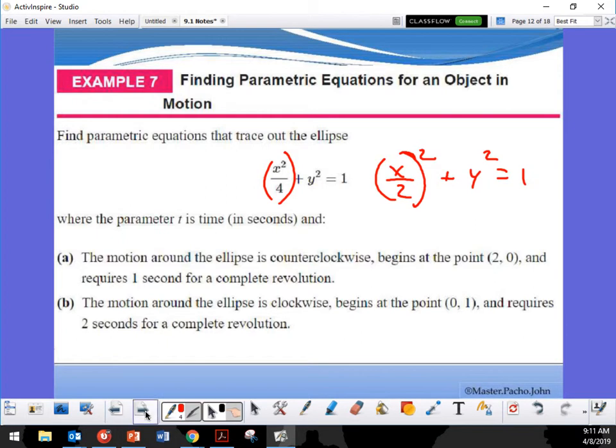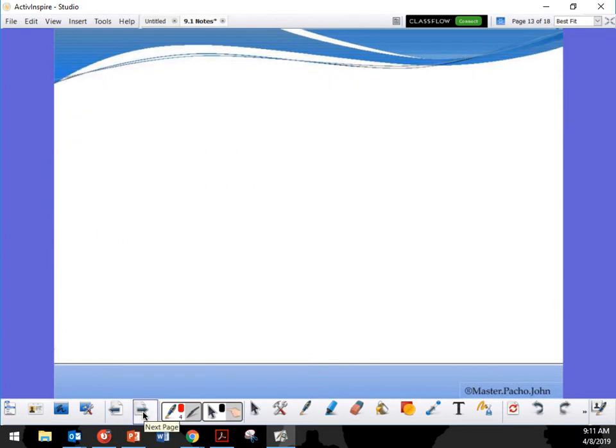So now, is the next page blank? Yes, it is. Okay, so all right, now what do I need to do? So my x values, right? If I know that my x is equal to, I gotta change it to the t's, right?